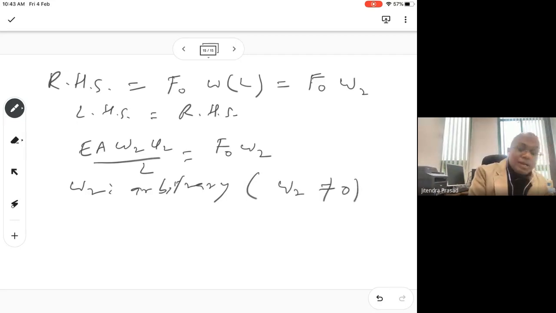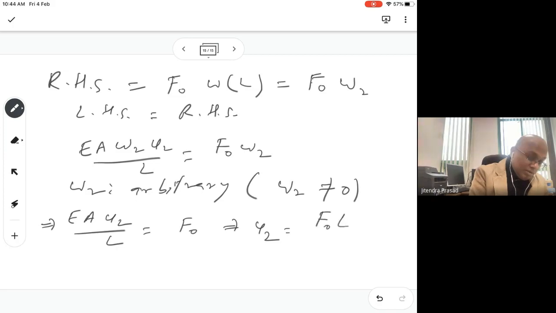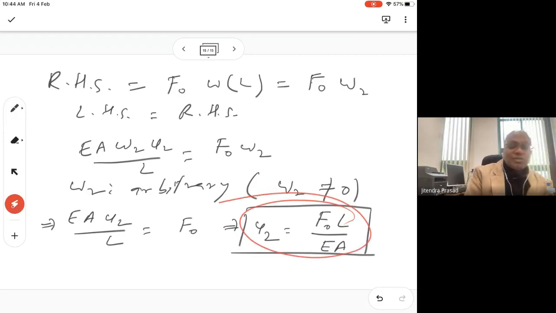So we have EA u2 over L equal to F naught, and hence u2 equal to F naught L over EA.